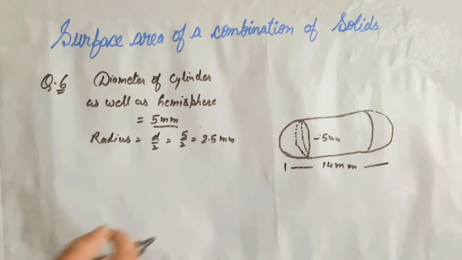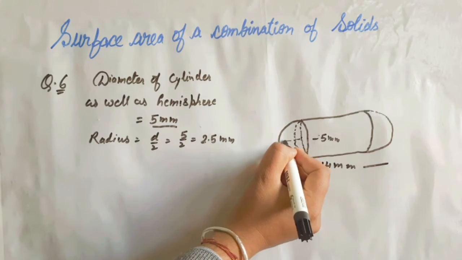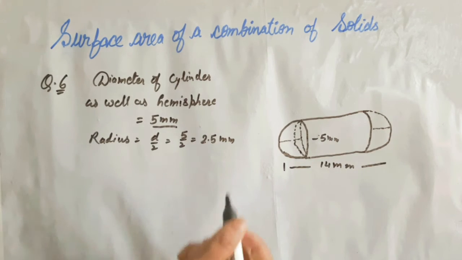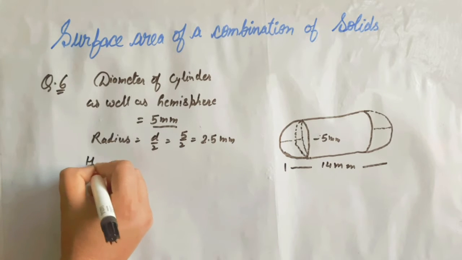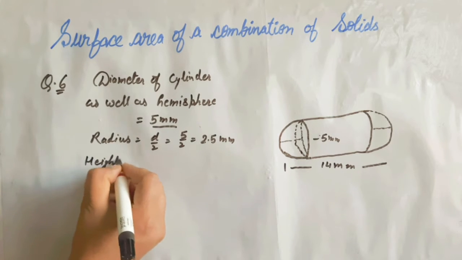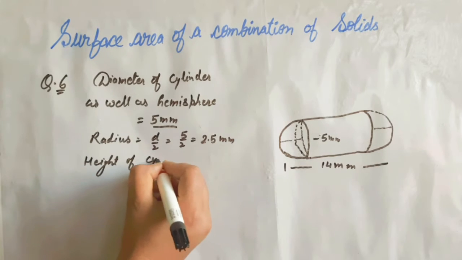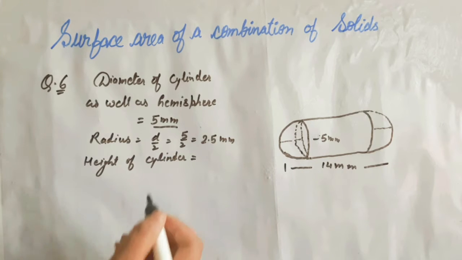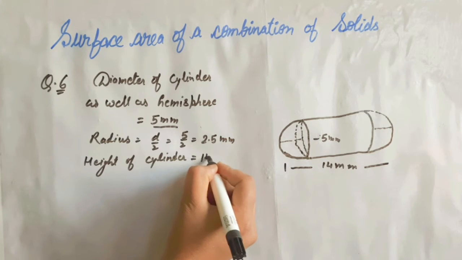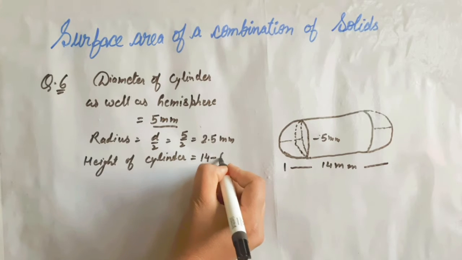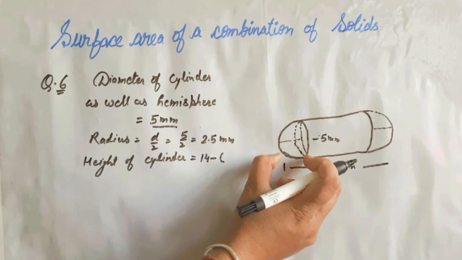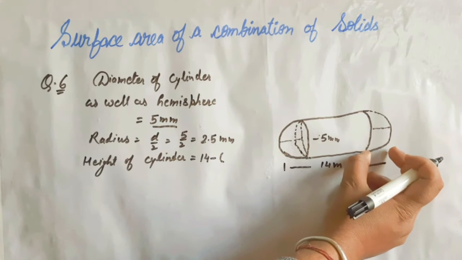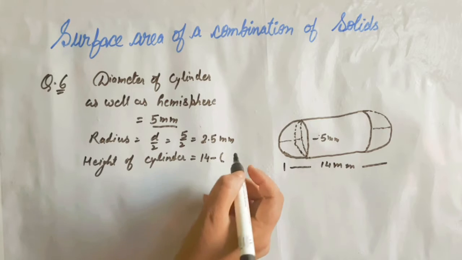Now see, this is the radius of the hemisphere. Here also this is the radius of hemisphere. So what will be height of cylinder? Height of cylinder will be equals to 14 is the total length minus 2.5, that is the radius of hemisphere decreased in the left hand side and 2.5 decreased in the right hand side.